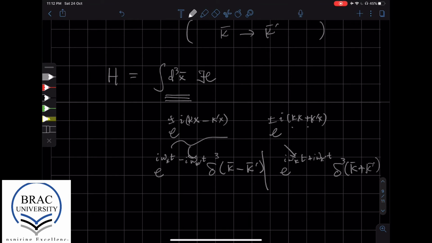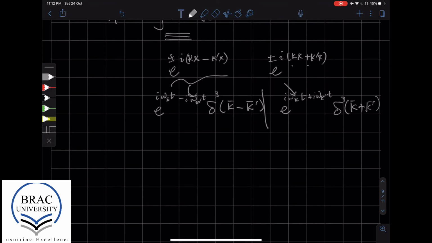And then if I do that, what will be the expression for the Hamiltonian? Well, the expression for the Hamiltonian is a little bit long and tedious, but it's worth writing it out at least once. So I'm going to do that. It's going to have a factor of half, and then there are two integrals over k, so we get d cubed k and d cubed k prime, divided by the usual factor, 2 pi to the power 6, and then 2 omega_k and 2 omega_k'.